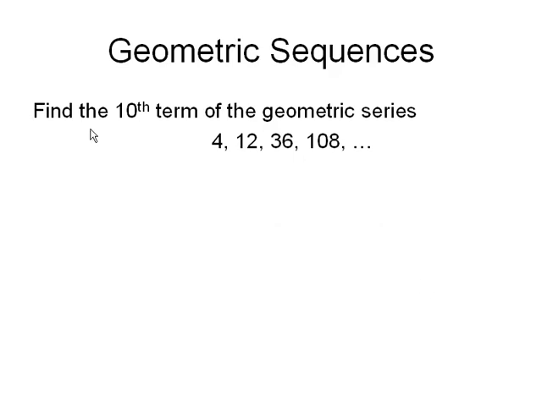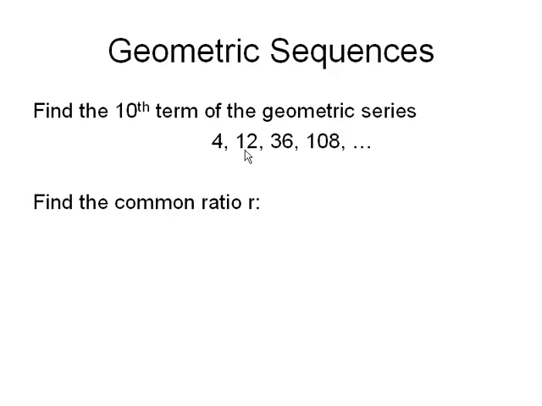Let's find the 10th term of the geometric sequence 4, 12, 36, 108, and so on. The first thing we need to do is find the common ratio R. In other words, what number do we multiply the previous one by to get the one after? The easiest way is to form the ratio between two numbers.